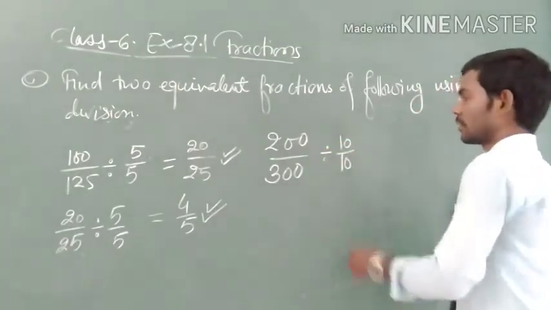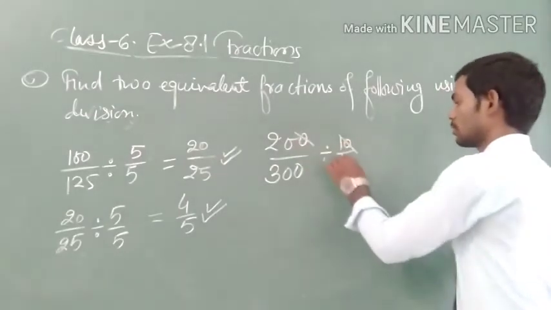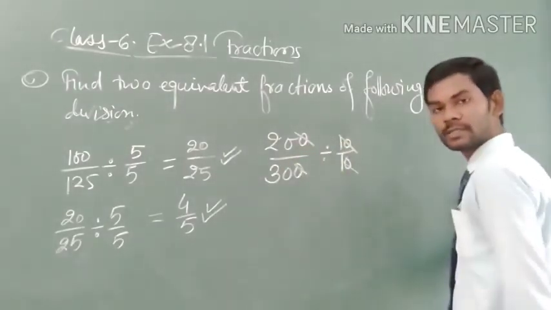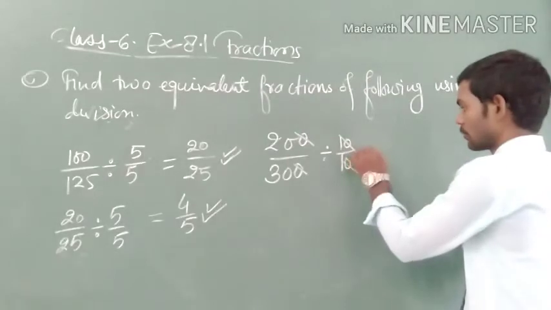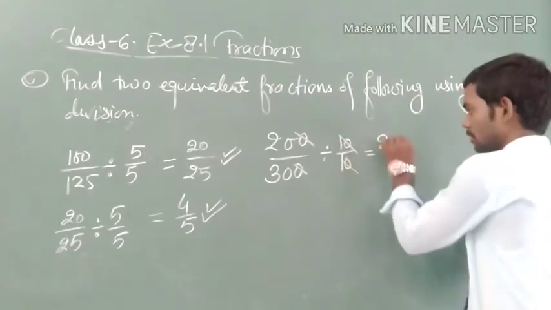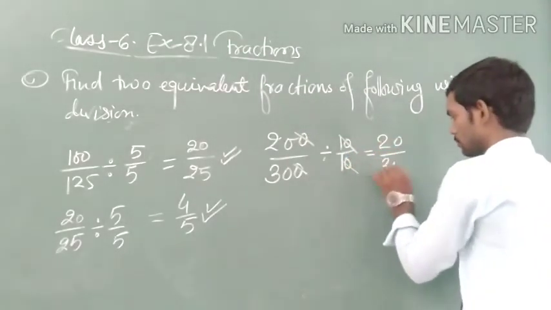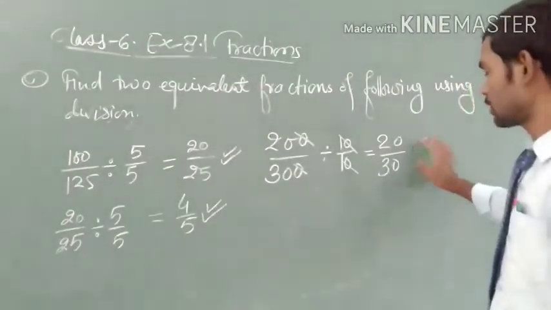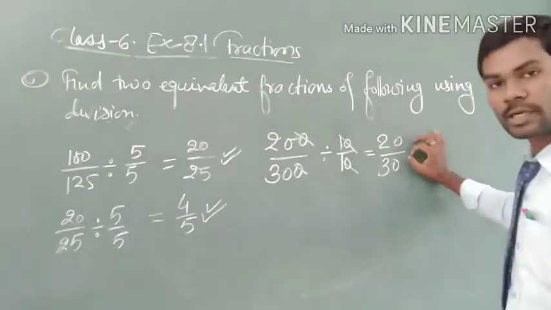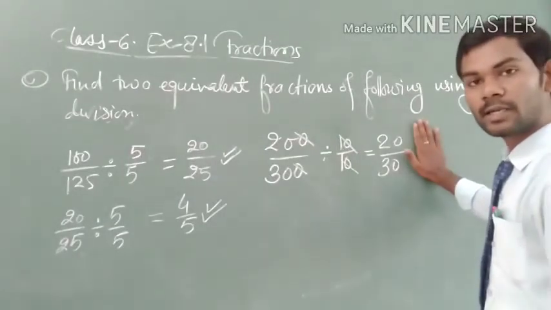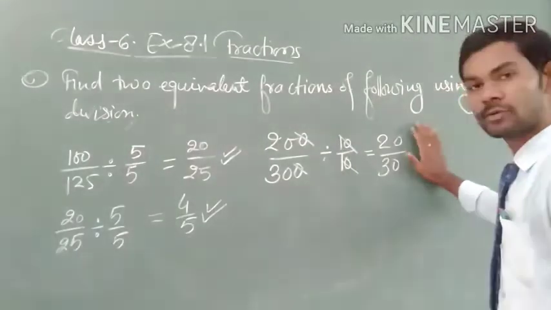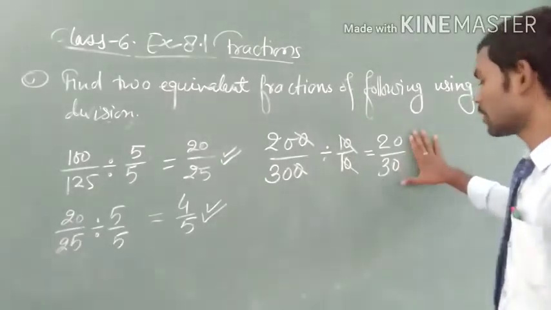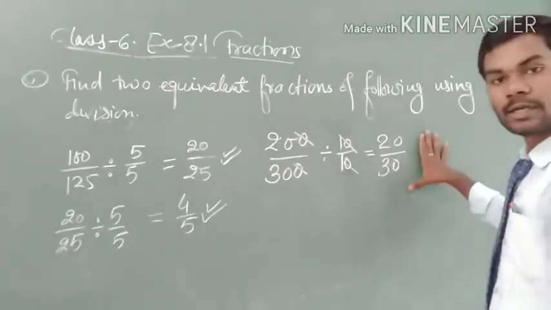When we divide, one 0 of each cancels out, and hence we get 20 upon 30. Here we can also see that 20 upon 30 still contains 0, so it will again be divisible by 10.